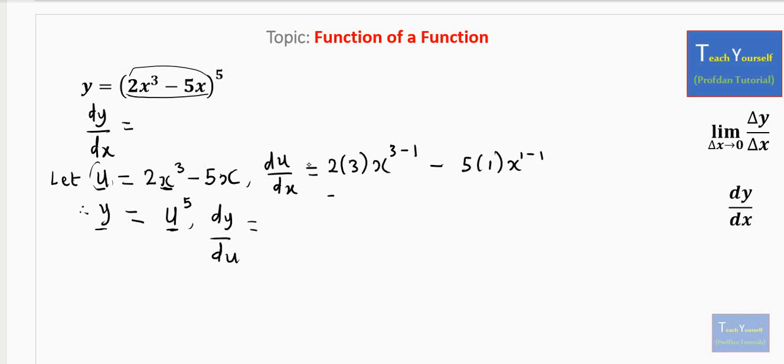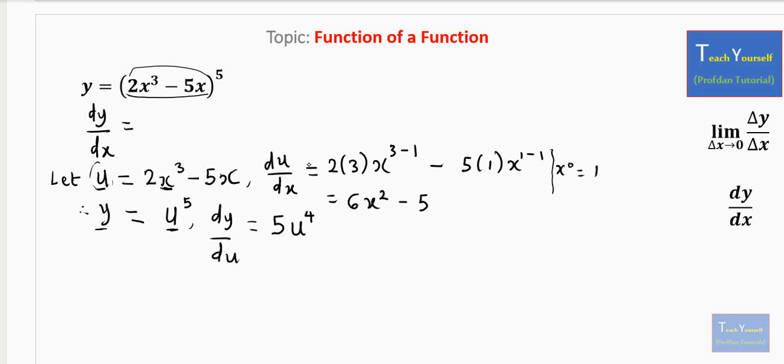And this finally gives you 6x squared minus 5, because 1 minus 1 is 0, and x raised to power 0 gives you 1. Also, the differentiation of y with respect to u is going to give us 5u raised to power 4, if you do 5 minus 1 using the general rule.